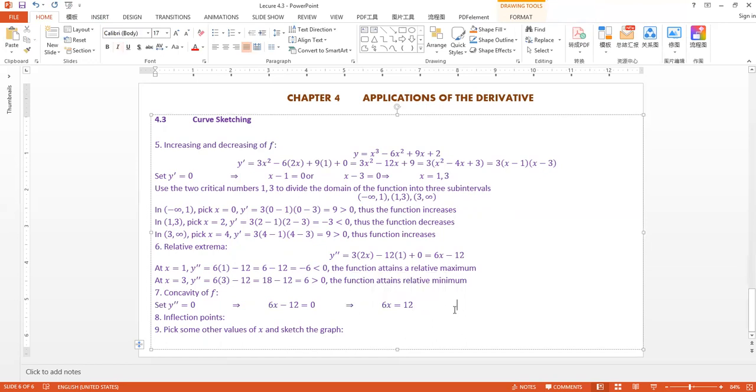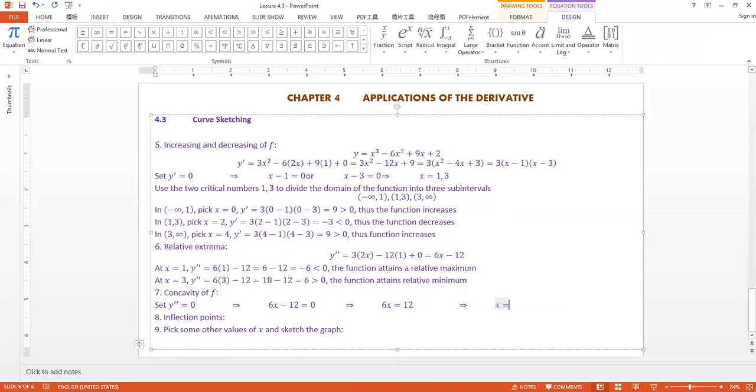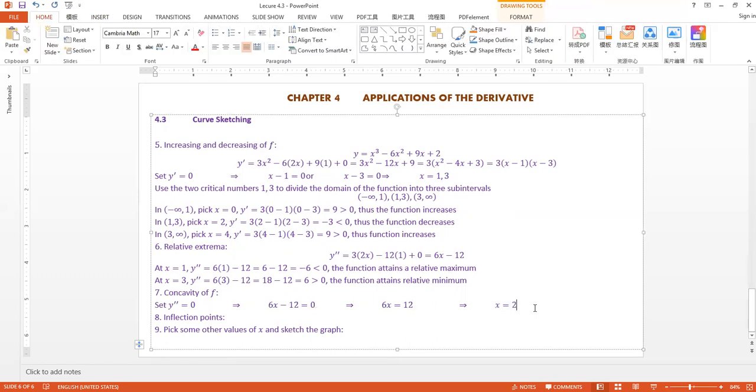So then what is the critical number? x equal to 2. So that's the inflection point.